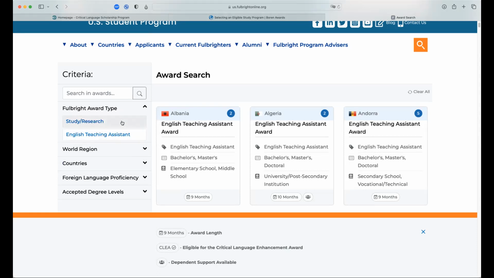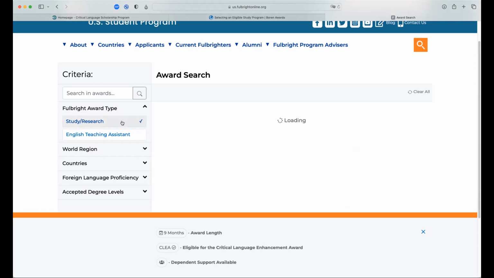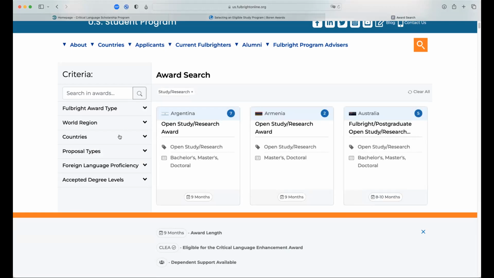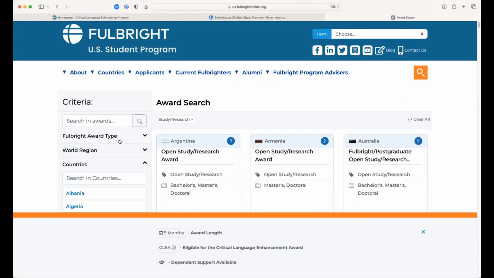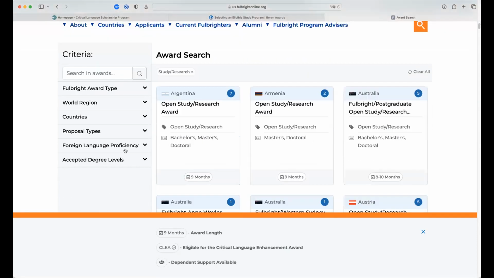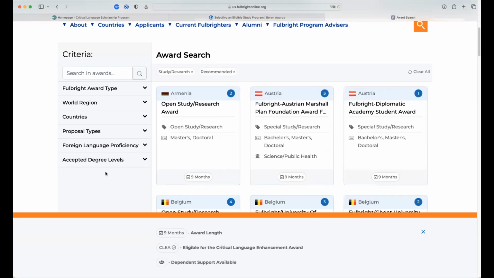Now, in this case, let's look for study research. And let's say that you decide that you have a particular interest in doing something that involves a language proficiency you have. So we've selected places where it's recommended, but not required, that you have language proficiency.